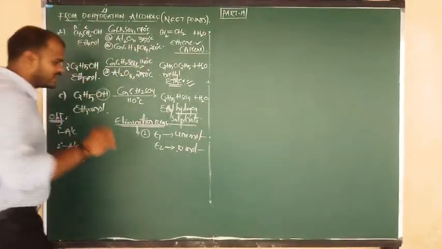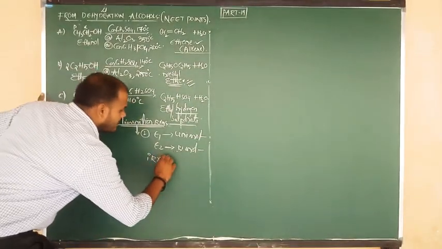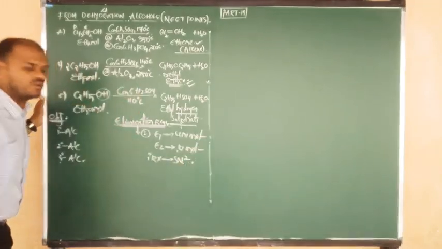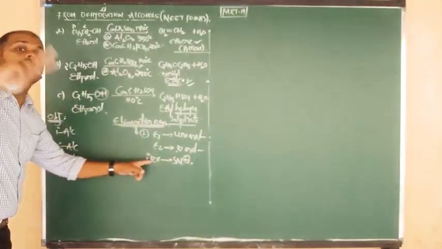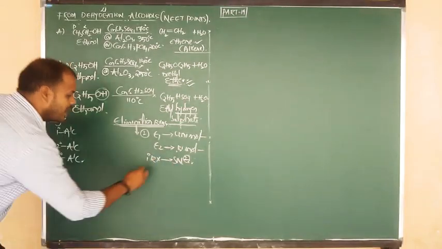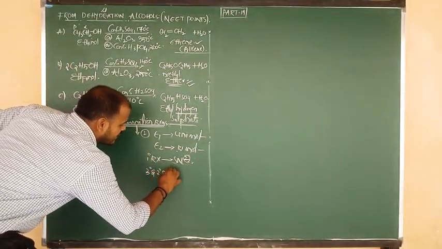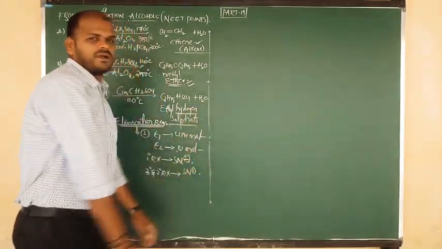Try to think once. Primary alkyl halides easily undergo the SN2 mechanism. 2 means bimolecular. So simple compounds always prefer bimolecular, and sterically hindered compounds, especially tertiary and secondary alkyl halides, undergo the SN1 mechanism.